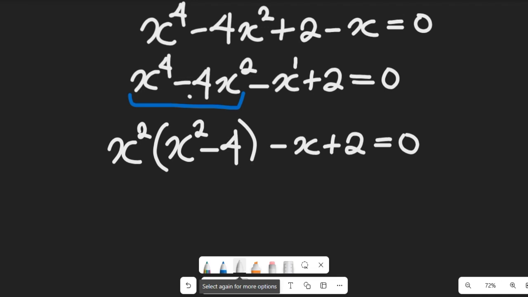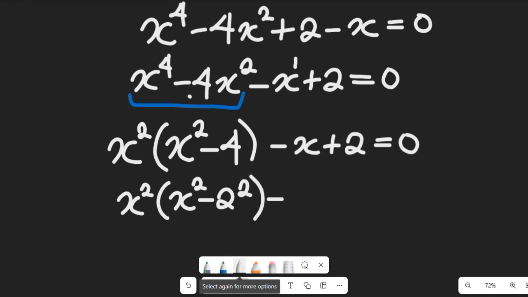Great. So if I simplify this, I'm going to have x squared times (x squared minus 2 to the power of 2) minus x plus 2, and this will be equal to 0.